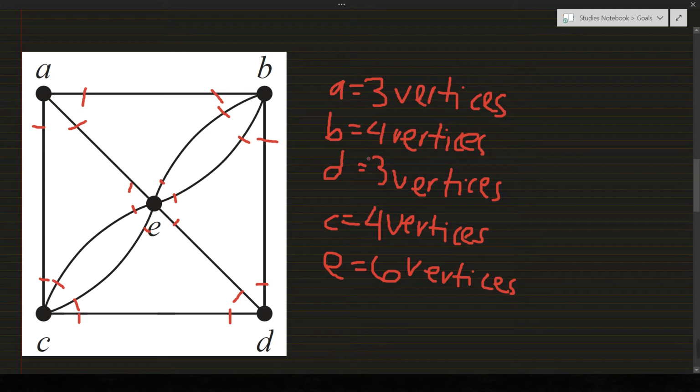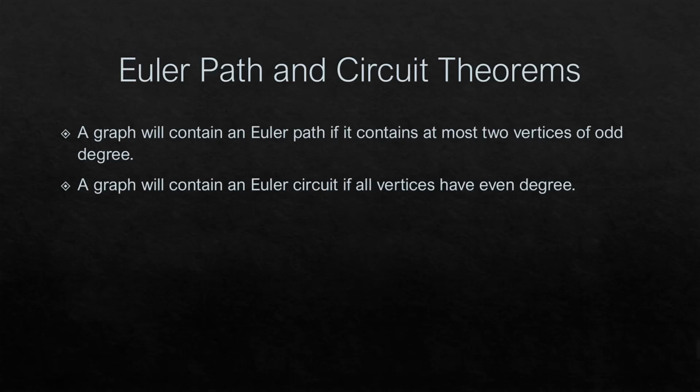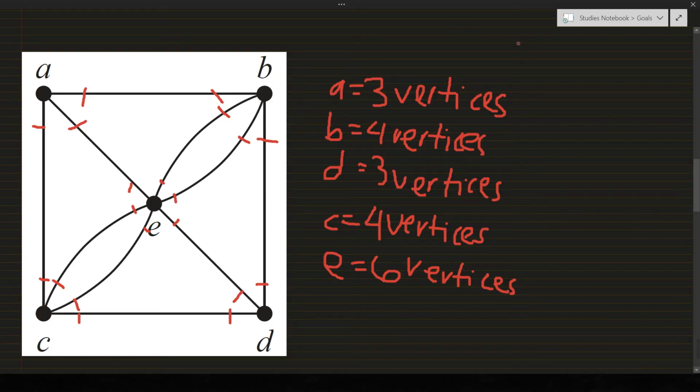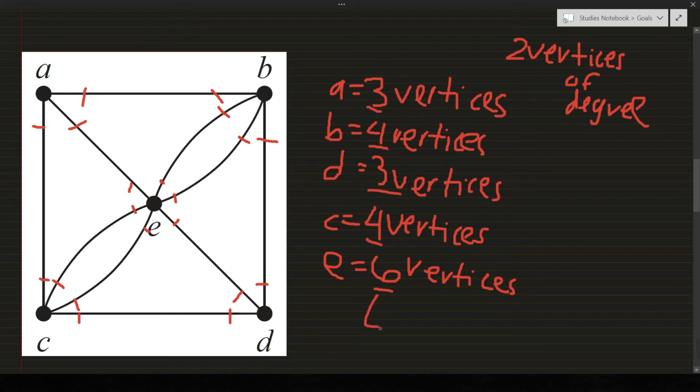So what is the theorem a while ago? A graph will contain an Euler path if it contains at most 2 vertices of odd degree. Again, I repeat, these numbers are the degrees of the vertices.